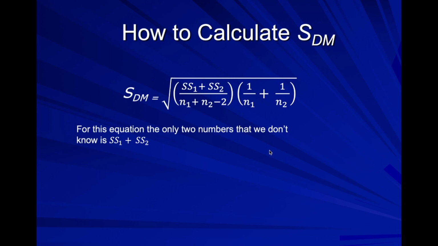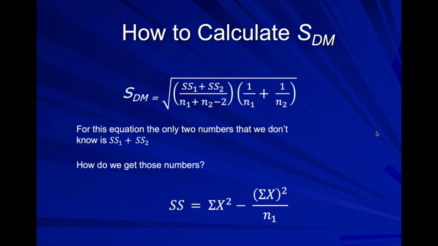So this nice formula here, we need to draw your attention to a couple of terms. This stands for sum of squares: sigma, which means to add together, x squared. And then here you have parentheses around sigma x, which means you take the sum of x and then square it, divided by the sample size for group 1.